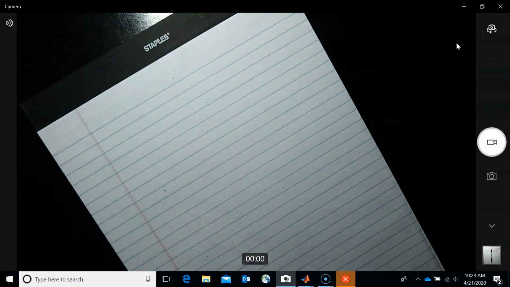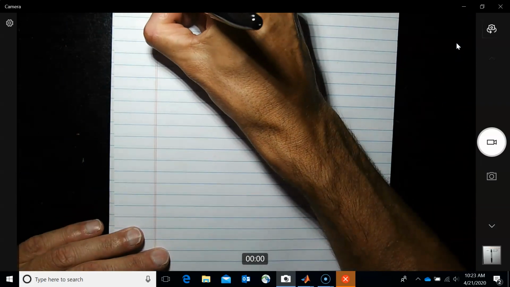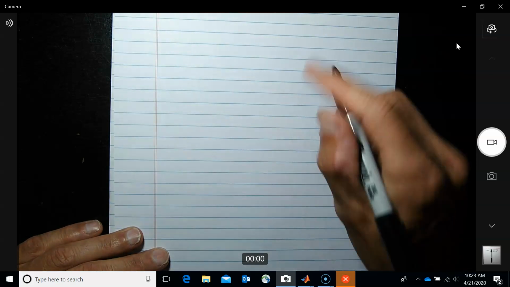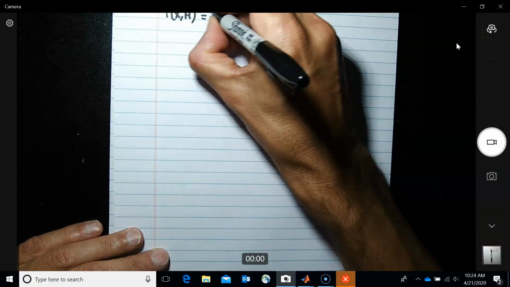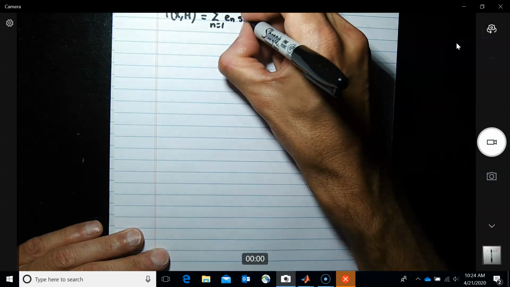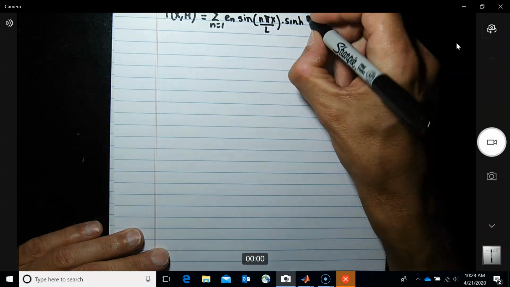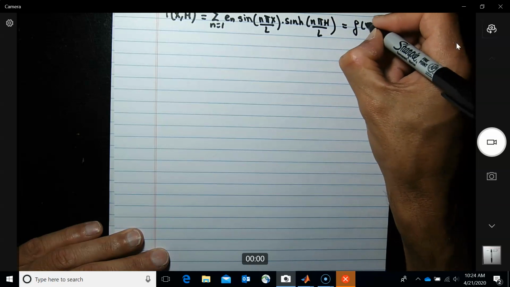So, recalling the equation we had before, T(x,h) is equal to the summation of n equal to 1 to infinity E sub n sine n pi x over L times sinh of n pi h over L, and this is equal to f(x).